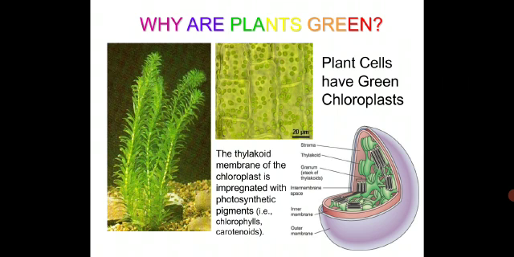We see the plants as green, as chlorophyll is the pigment which absorbs all the colors other than green, and due to the reflection of the green portion of the light, the plant parts which have chlorophyll are seen to us as green.